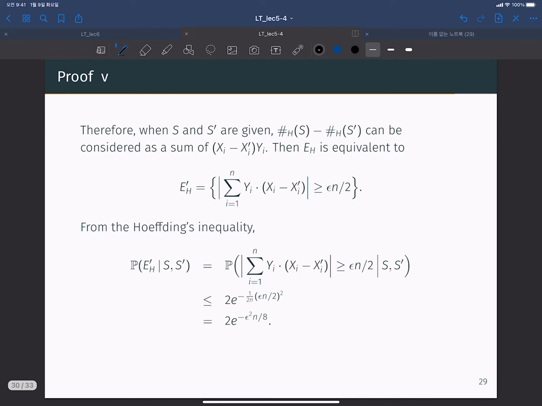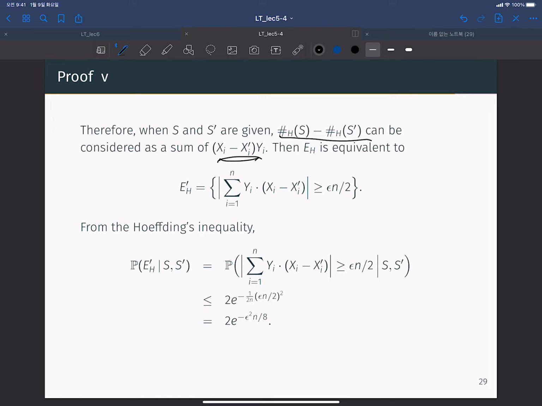Okay, so therefore when S and S prime are given, this can be considered as a sum of random variables having mean 0 and bounded interval.